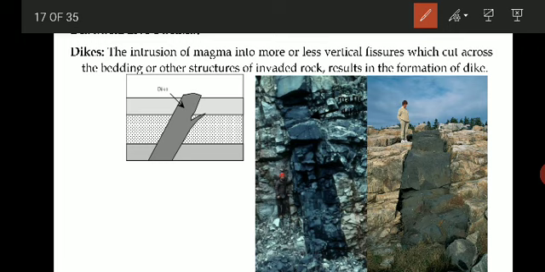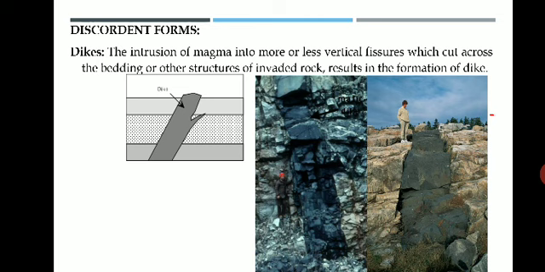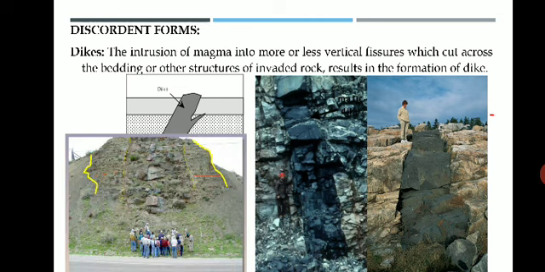These dikes may occur in groups, or as a single body, and they run miles together and take different patterns during formation if they occur in a group. Here is one more image wherein you can observe the side rocks are different, and in between there is an intrusion of a dike.